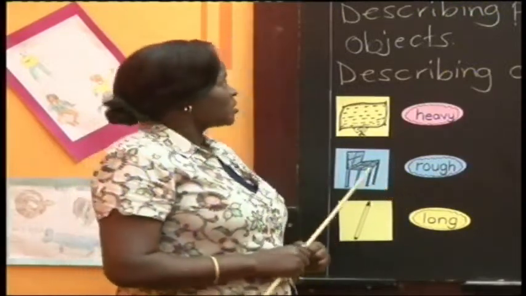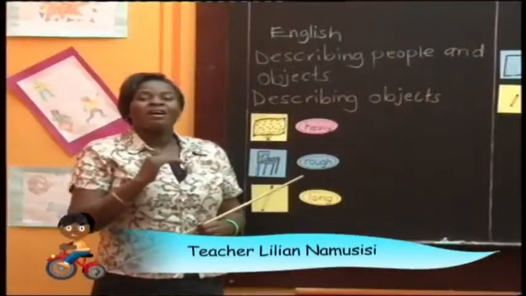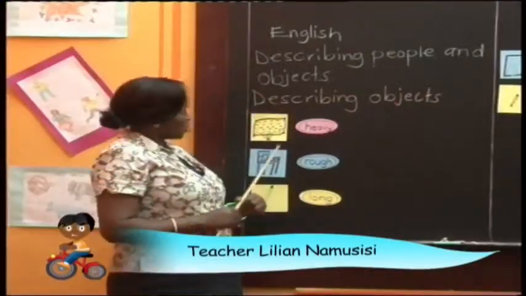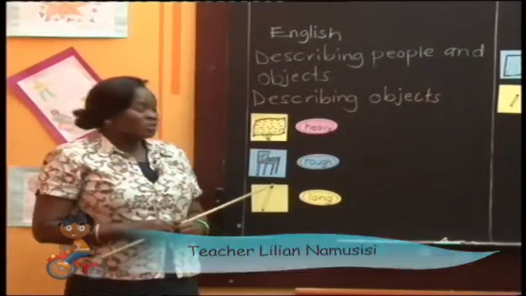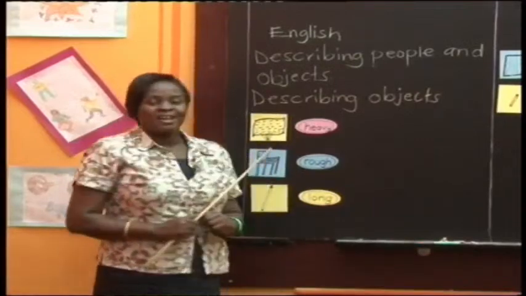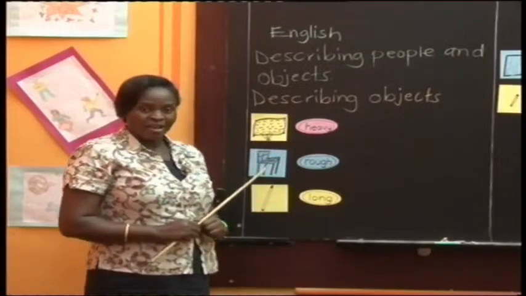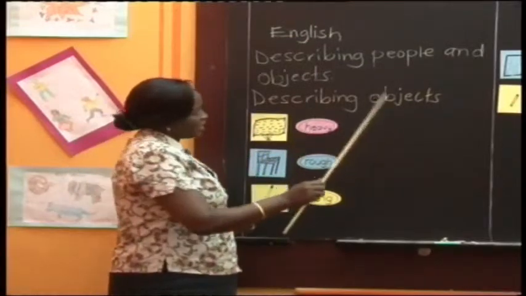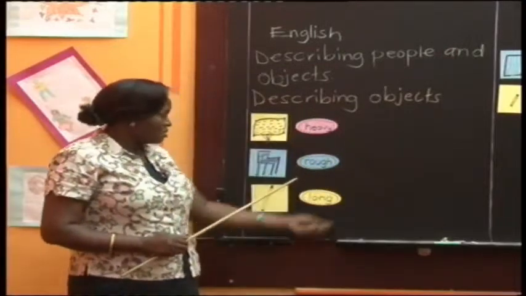And in our English lesson, we are looking at the describing words which we use to describe people and objects. But today, we are looking at the adjective words, or the words we use to describe objects. Our objects are here. We have tried to draw them as you see them here. And what we see on the side, those are the adjective words we have used to describe these objects.